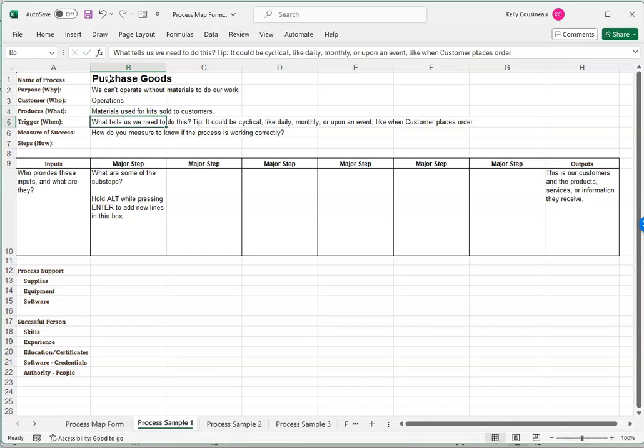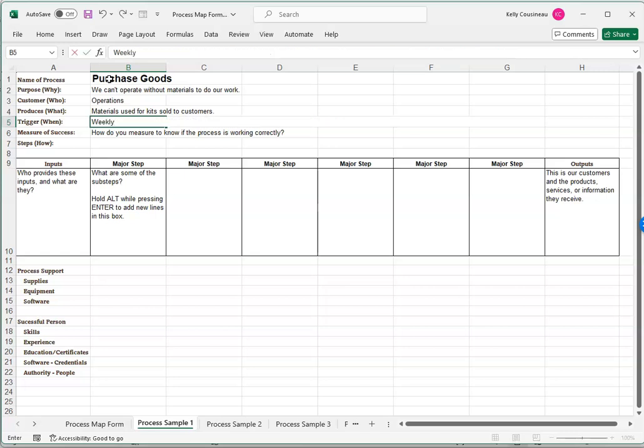And then when do we do this? What tells me I need to do this? And in this case, we're going to suggest, and this is obviously what I'm doing, I'm simulating that this process actually exists, and now I'm recording it or I'm mapping it. I'm not making up a process. So when you're mapping your process, you want to think about really what is that process. And these are challenging questions until you've thought about them.